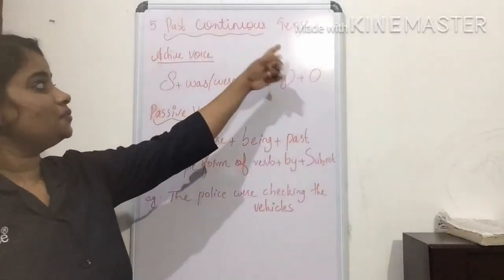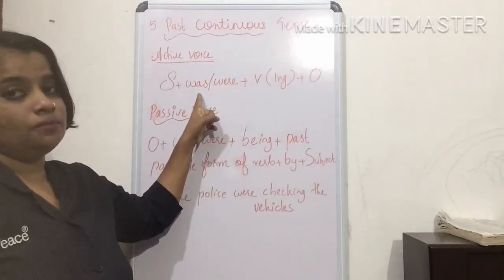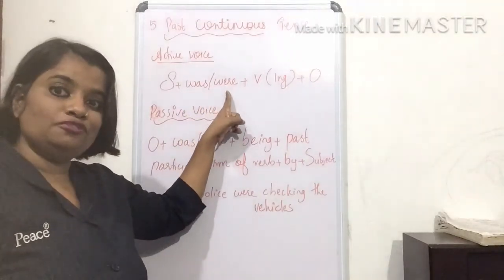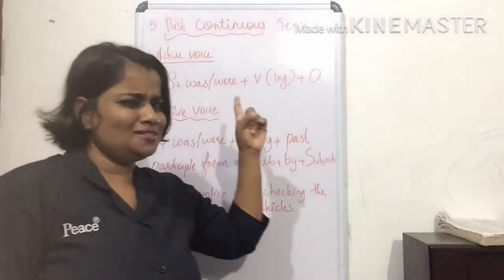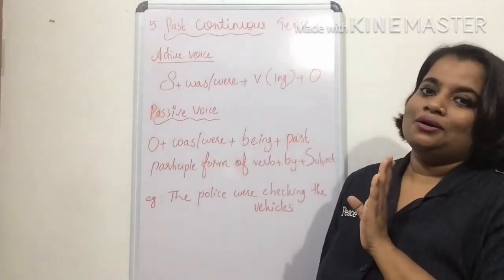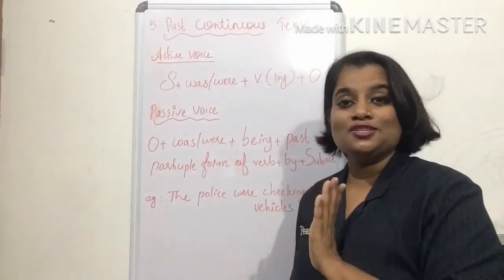So past continuous tense. Okay, so we already know that past helping verbs or to be forms are was or were. Okay, the normal structure of past continuous tense is subject plus was or were plus verb ing form plus object.